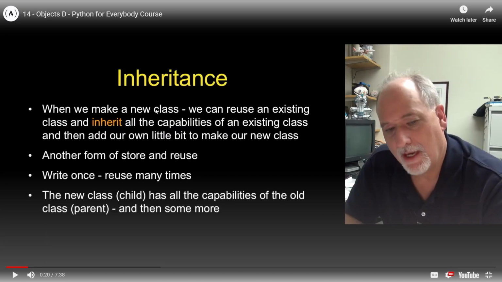If we add it to the old one, it's going to be in the new one. But we can add to the new one and it won't be in the old one. That's how that works. Another form of store and reuse. Write once, use many times. The new class, the child, has all the capabilities of the old class, the parent, and then some more, just like we said up here.